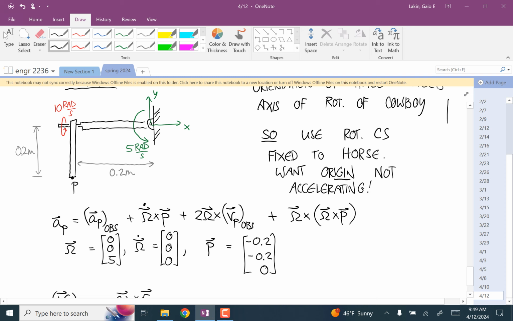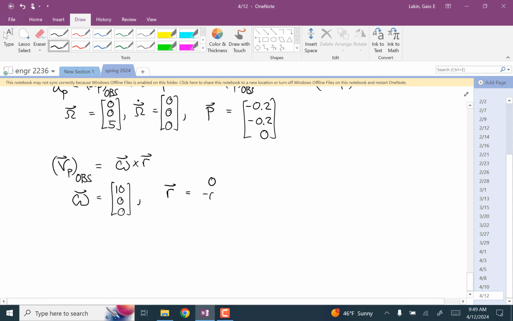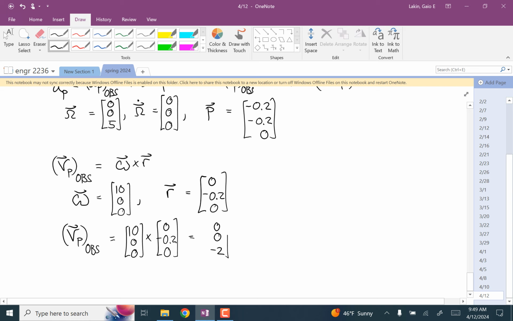Yep, 0, negative 0.2, 0. It's just the vector pointing from here down to P. And so this observed velocity is 0, 0, negative 2.